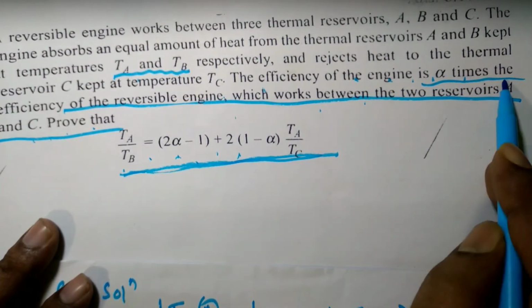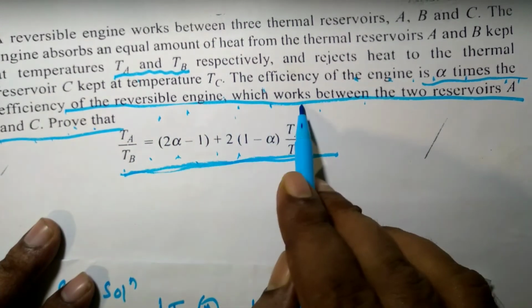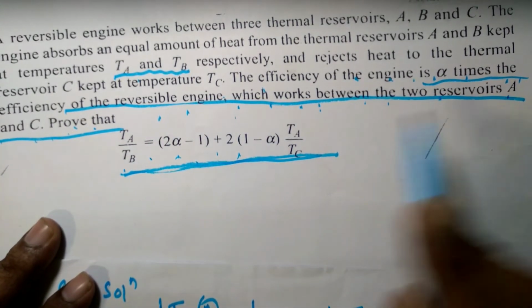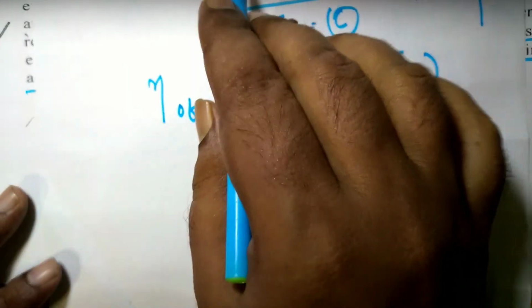This is written in the question. The efficiency of the engine is alpha times the efficiency of the reversible engine, which works between the two reservoirs TA and TC. So this is what we are now to find out.